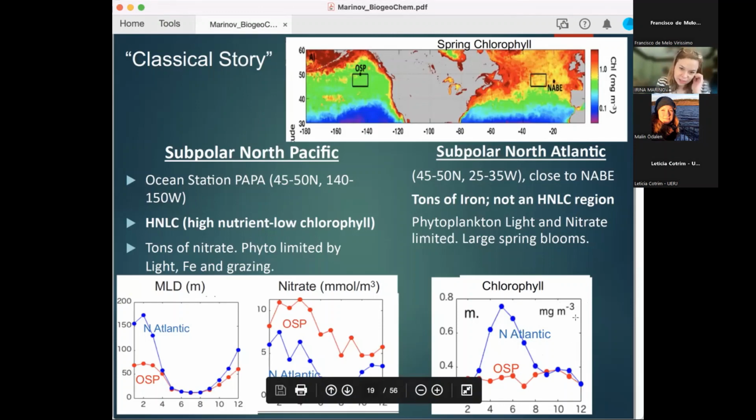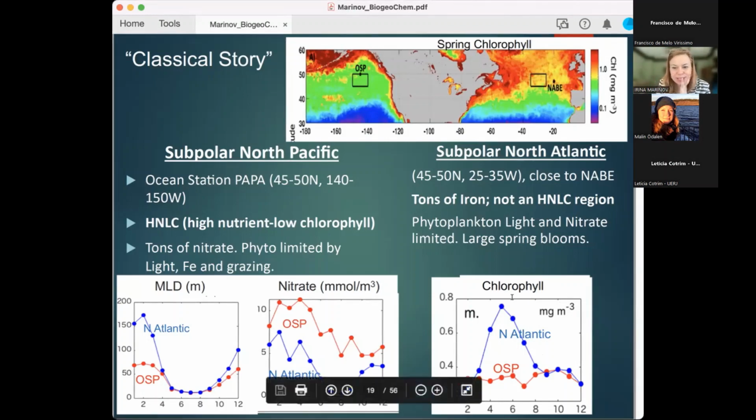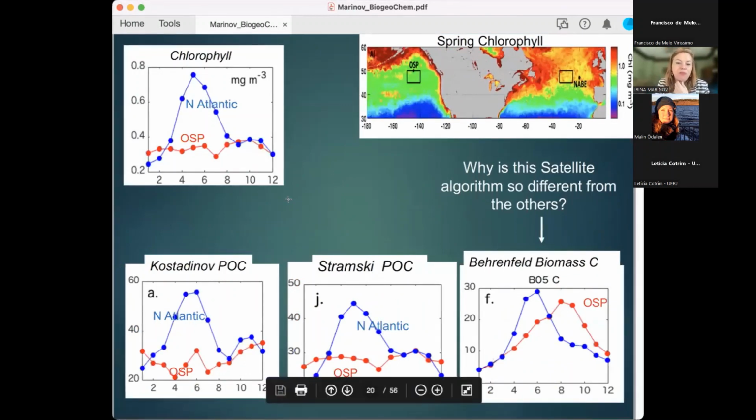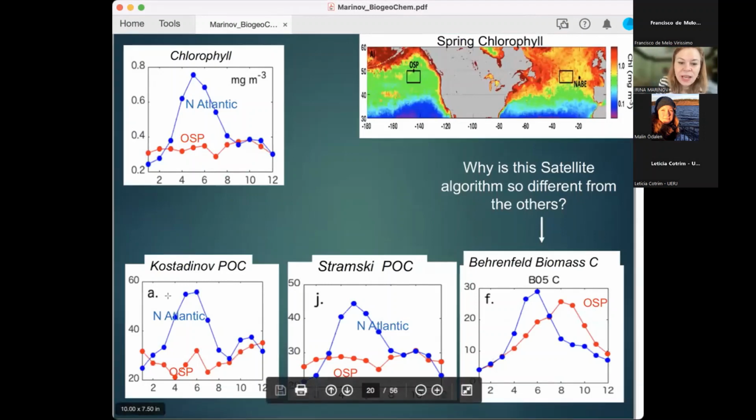So then I looked at a bunch of satellite products and a bunch of models to see if we can see this difference across them. And the answer is, well, it depends what products you look at. Here's the Kostadinov product, one of the two products I showed you today. Here's another classical NASA product, the Stramski particulate organic carbon, and they look pretty similar to the chlorophyll.